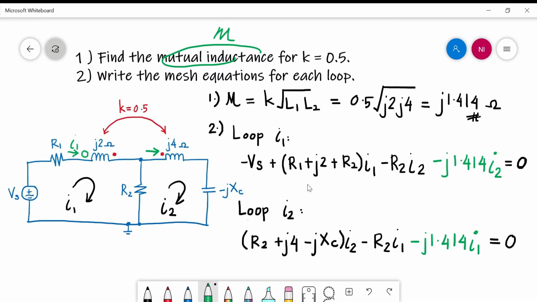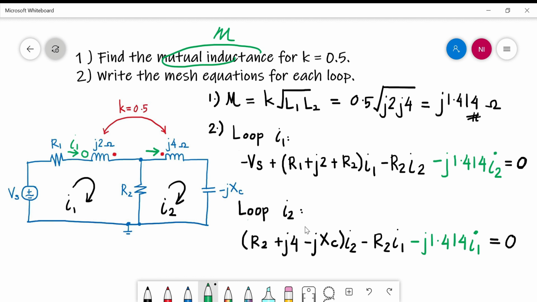Okay, now let's recap. For loop I1, this is the general mesh equation, and for the coupling in loop I1 because of current I2, how do we determine the sign? You must look at both currents, I1 and I2. I1 is entering the undotted, so this is negative, and here is positive because I2 is dotted. So we got negative.